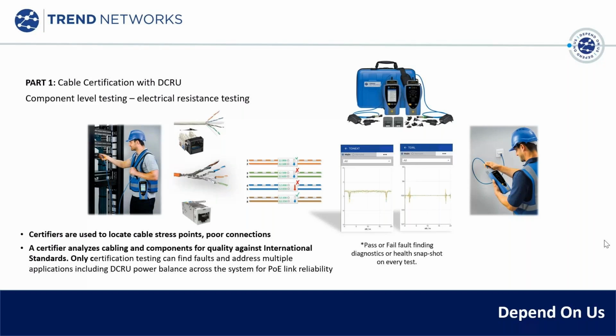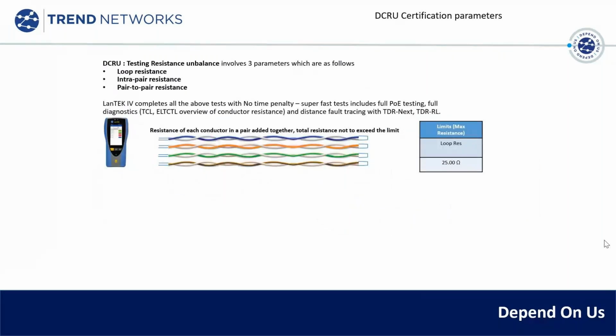In fact, for troubleshooting, this is the best device. So certification is critical for electrical resistance testing and for diagnostics when you need to solve problems. So that's part one. And this is where we see those three parameters for DCRU come into play.